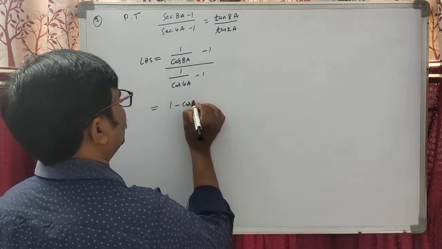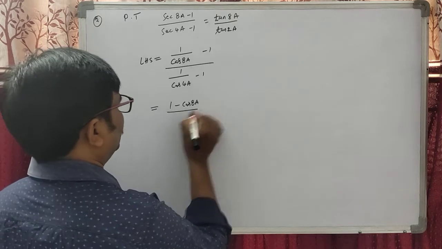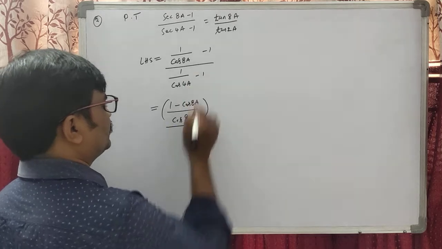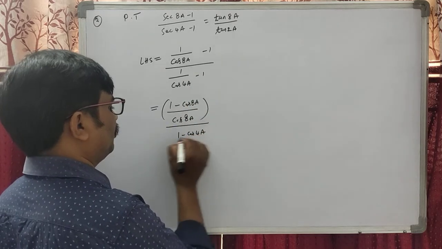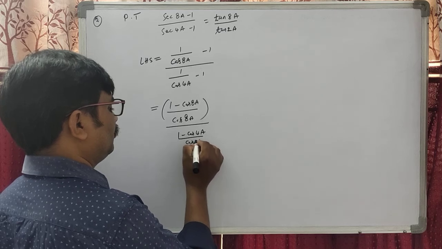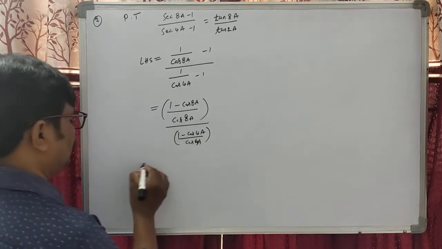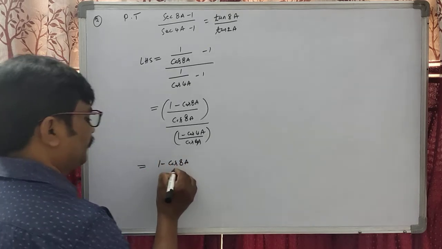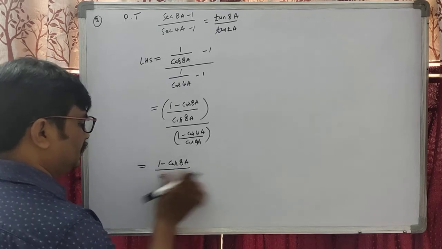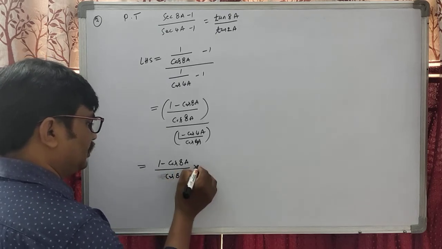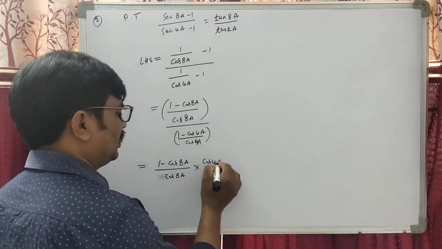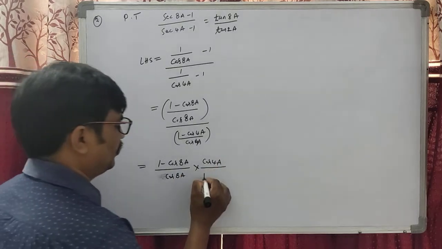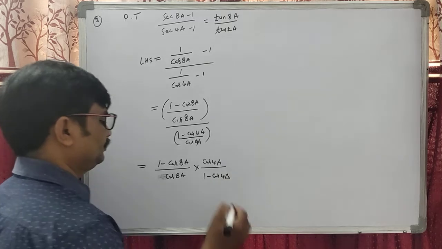Now this can be written as (1 minus cos 8a) by cos 8a, and after that (1 minus cos 4a) by cos 4a. So we write (1 minus cos 8a) by cos 8a upon, taking the reciprocal of the second fraction, cos 4a by (1 minus cos 4a).